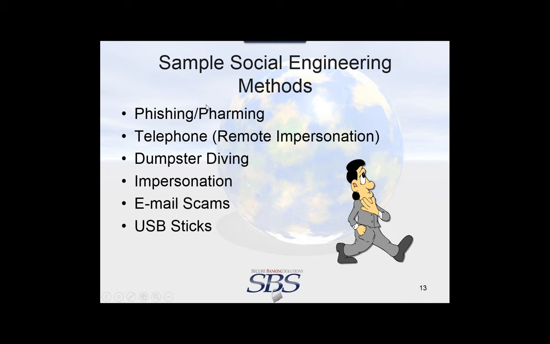These are typical social engineering methods: electronically through phishing, phone calling, going through your dumpsters, seeing what's not shredded, not just paper, but throwing away media, physical impersonation, different email scams, and I mentioned unauthorized equipment being attached to your network like USB sticks.